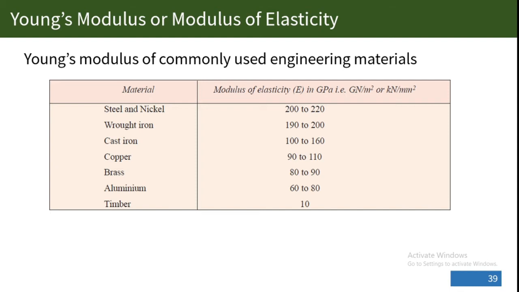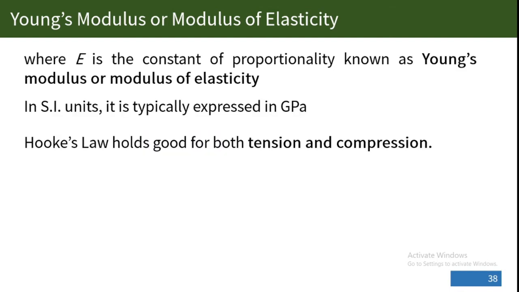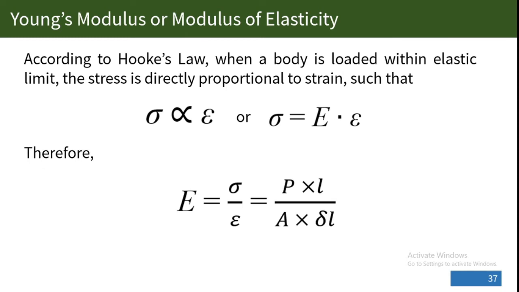As for the significance of the modulus of elasticity, if we go back to the equation derived from Hooke's law, the higher the value of the modulus of elasticity, the more rigid the material tends to be.